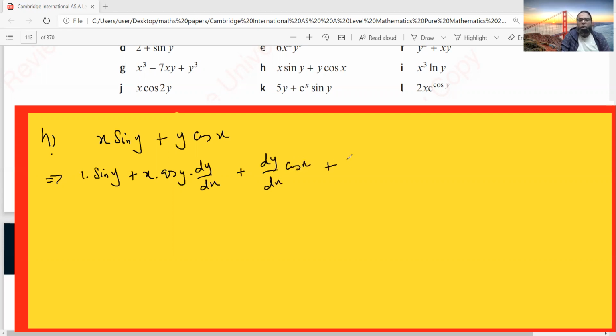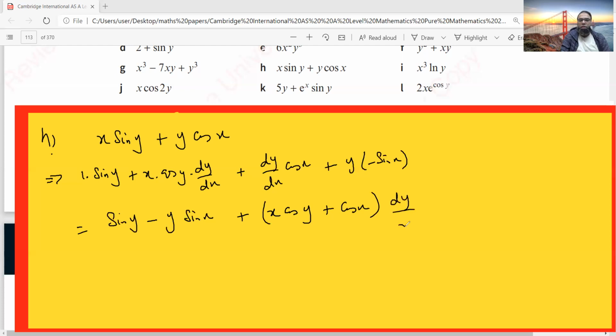Then plus y times cos x derivative, which is minus sine x. We simplify this a bit. We have sine y and minus y sine x, and I can take dy by dx common from these two. So I have x cos y plus cos x times dy by dx. So here we are.